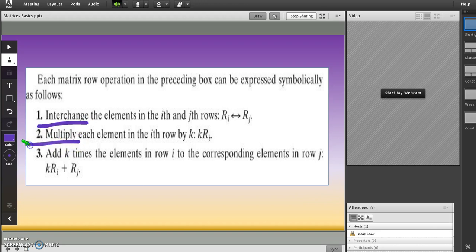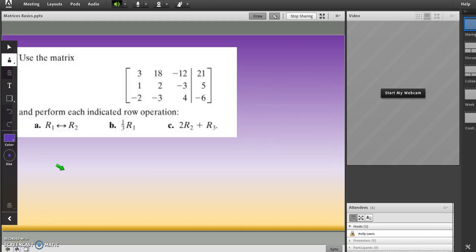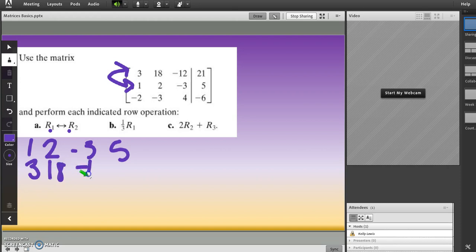You can multiply a row by a number, or you can multiply a row and add or subtract another row. And so that's what we're going to do here. This means change row 1 and row 2. And so we would write 1, 2, -3, 5, where row 2 becomes row 1, and row 1 becomes row 2. And then we would do 3, 18, -12, 21, and then leave row 3 alone.